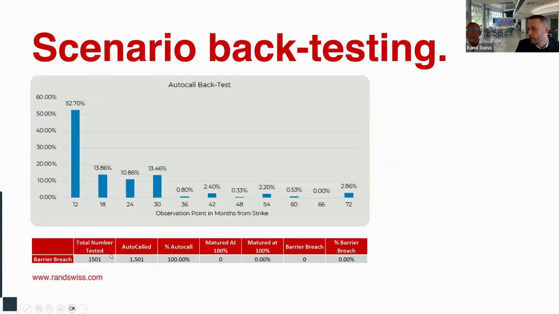So if we look at the backtesting scenario, like I said, even that was actually quite an unusual scenario. If we take backtesting all the way back, we see that about half the time these notes actually cash in the first year. And that's the successful situation where you put in $100,000, you get your $114,000 back, and we roll it into the next product.